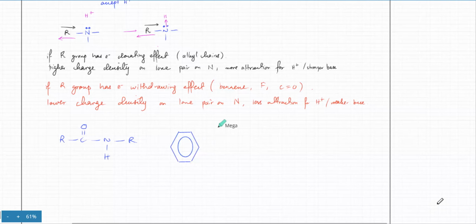Then you have a phenylamine, which is benzene with NH2. So lone pairs here as well, and lone pairs over here as well. And the third one, in the middle, is NH3, just for reference. And the last one would be an alkylamine, like an amine with carbon chains.